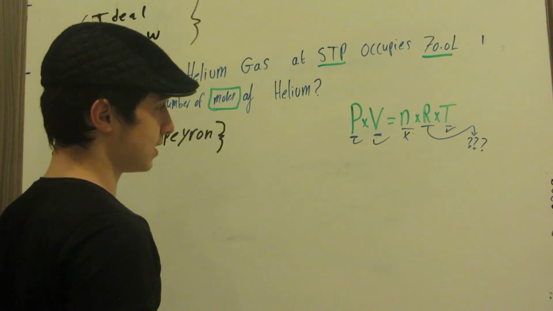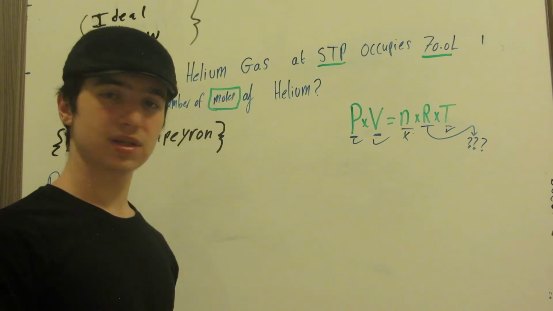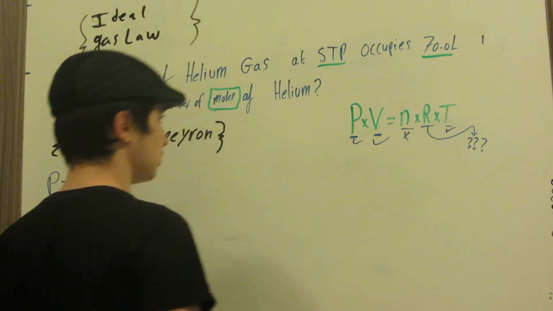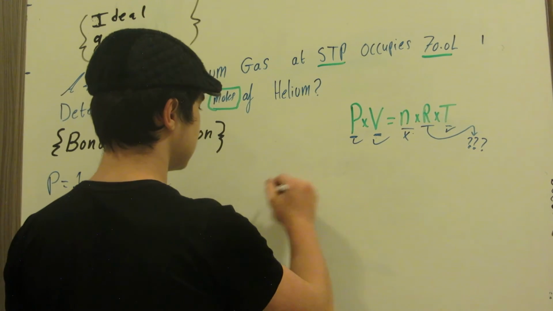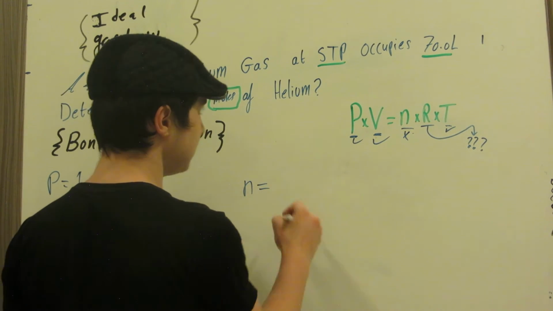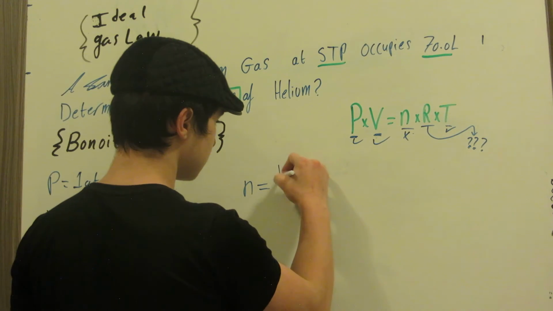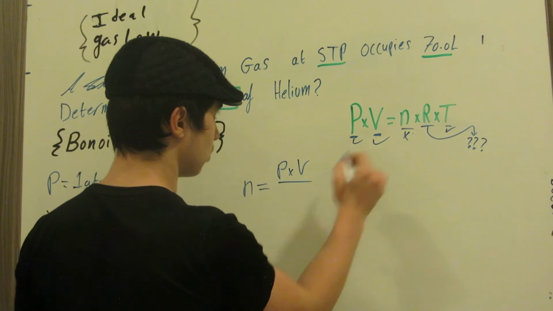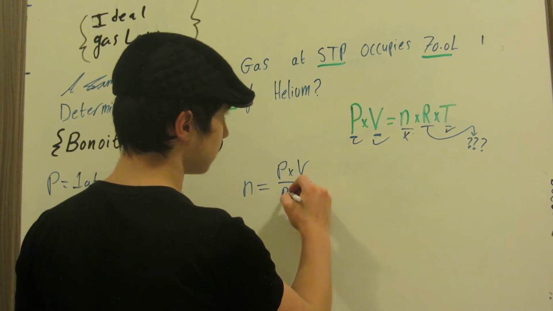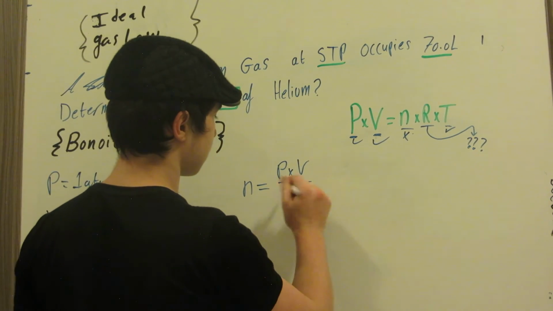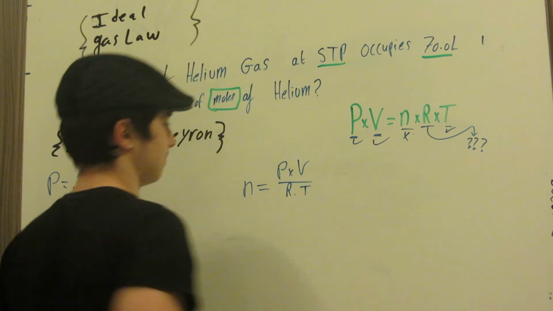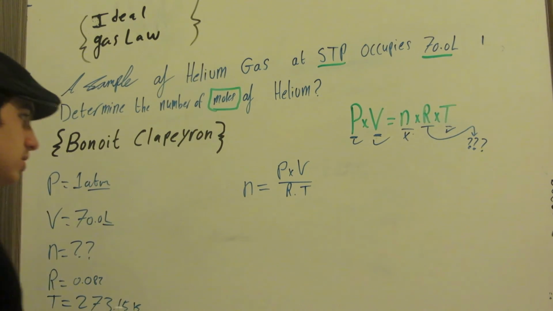In order to know what it is, we need to keep it on one side of the equation. So we simply write N equals P times V over R times T. Alright, so let's do that.